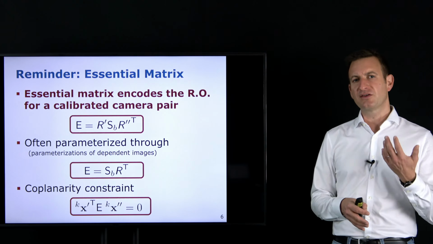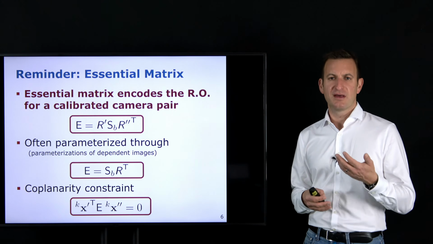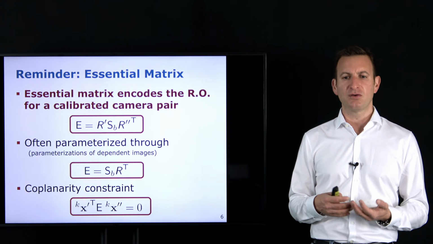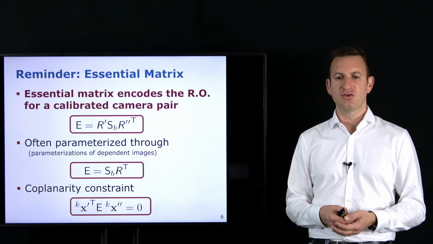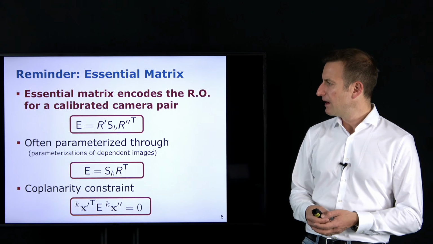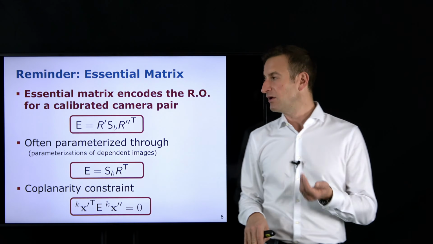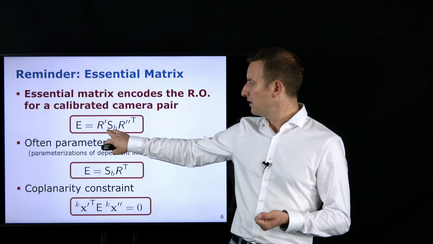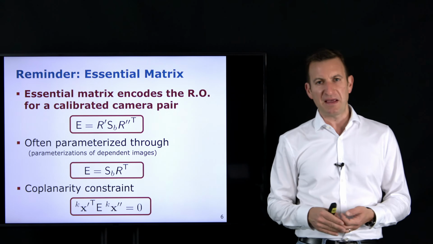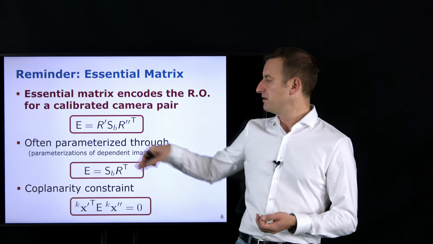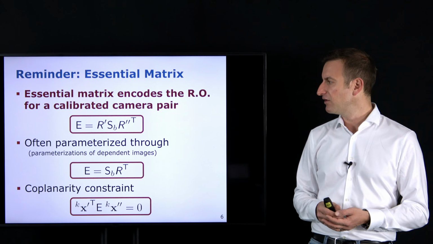So the essential matrix encodes all the parameters that we can estimate from correspondences alone about the relative orientation of 2 images or the image pair, and it is in its general form written as the rotation matrix of camera number 1, then a skew-symmetric matrix encoding the baseline vector, and then the rotation matrix of my second camera.